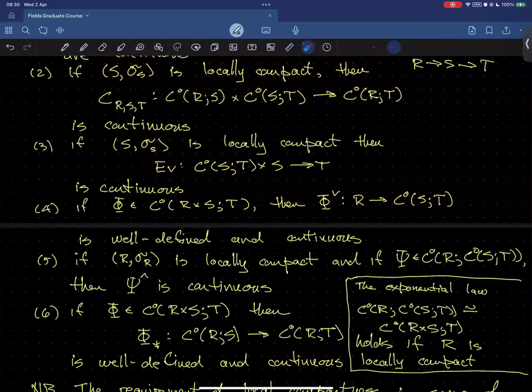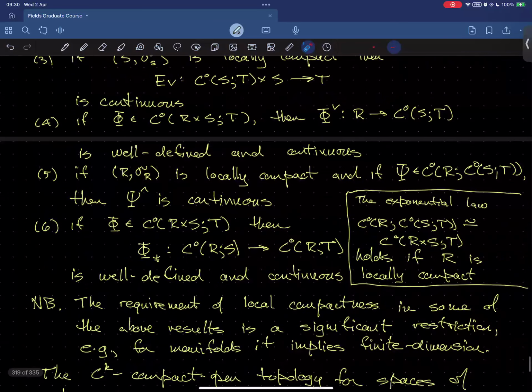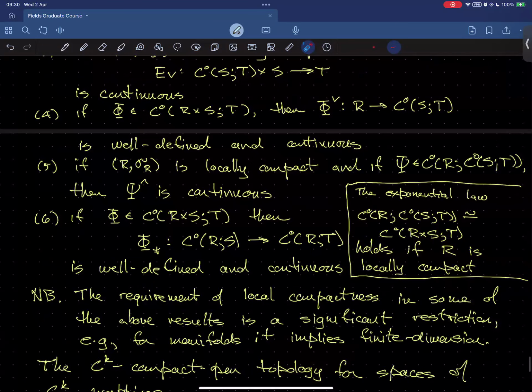Then there are all these mappings associated with products. The first one: I have a continuous mapping on a product, a mapping from R cross S into T. Then I had this mapping, which maps R into the space of continuous mappings from S to T. First, you should check that it is indeed well defined.